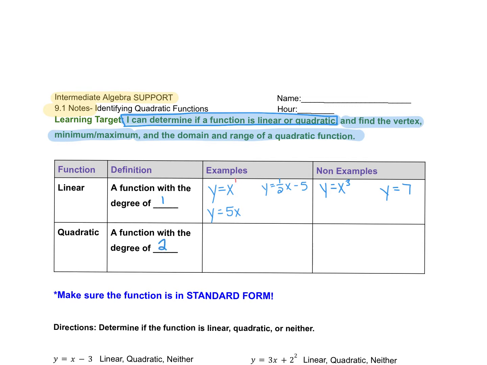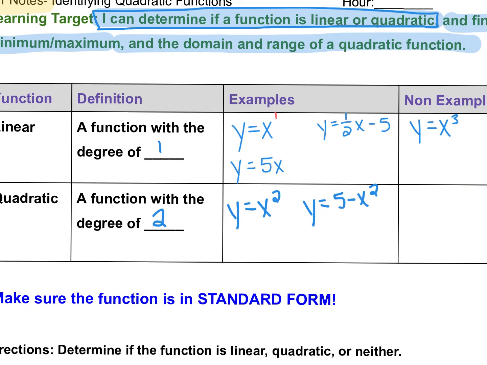So it follows the same rules, except it's going to be y equals x to the second. We're looking for that power of 2. It might not be in standard form right away, so it could say y equals 5 minus x to the second. That is still a quadratic function. And this is what we're primarily going to focus on for this week, quadratic functions.